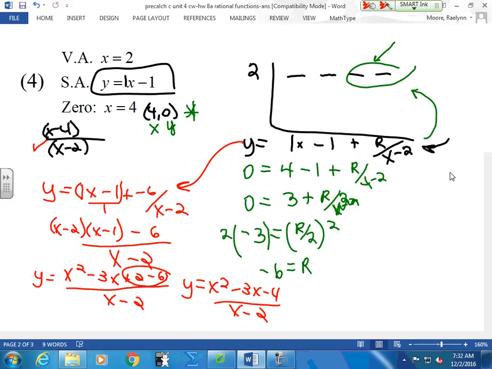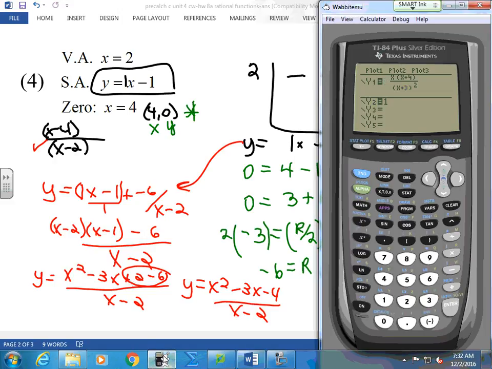We can even factor this. See if the zeros come out to be 4, 0. Again, put this in your calculator. And put your slant asymptote in there. Your slant asymptote works nice too, because you can see where it's going.